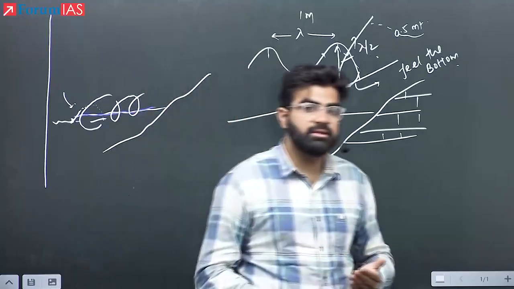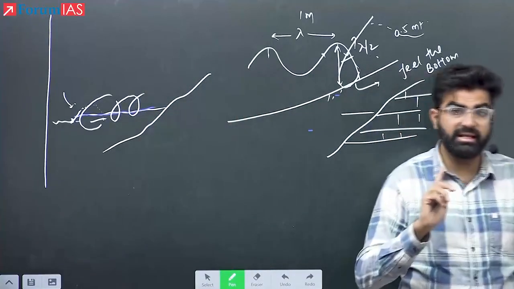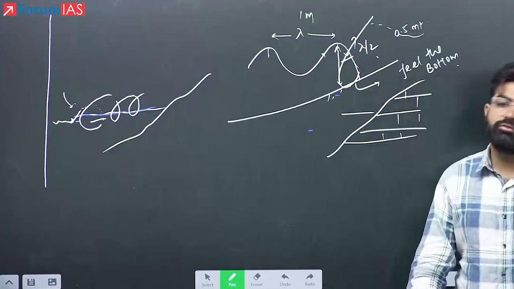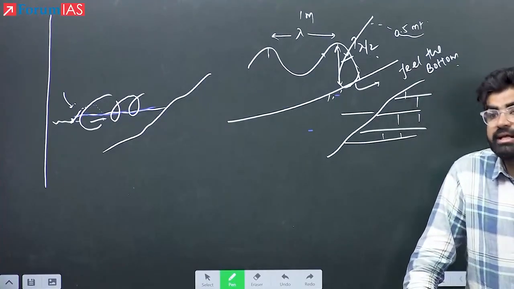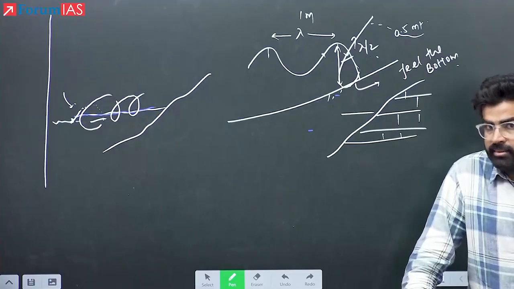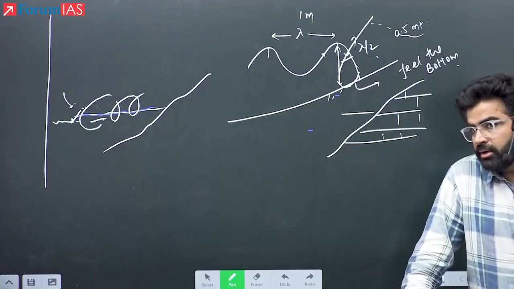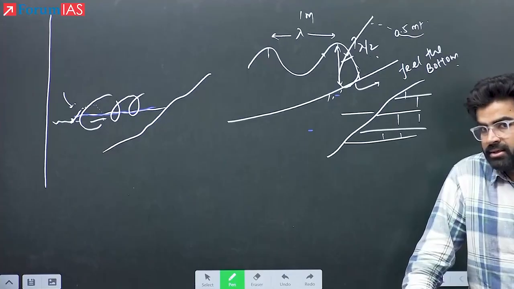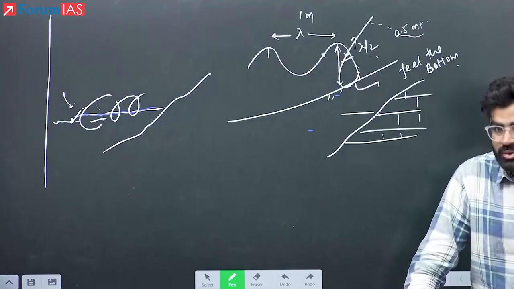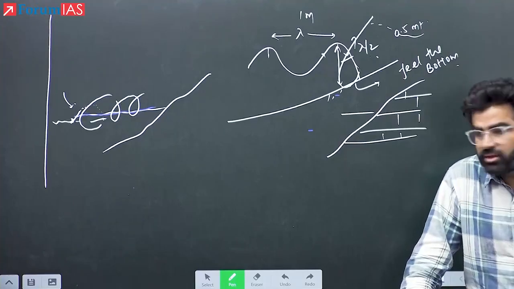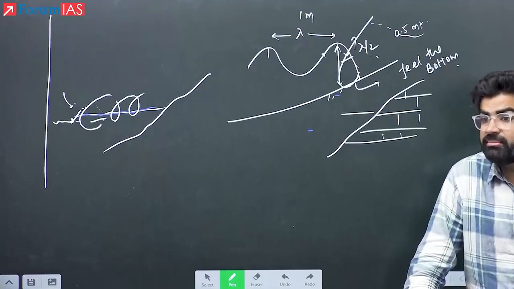Yes. Now tell me where the height of the tides will be greatest in India. In which areas will you find tides of great height? I am giving you options, Gujarat or Bay of Bengal. It is Gujarat, because the continental shelves are extremely wide here.